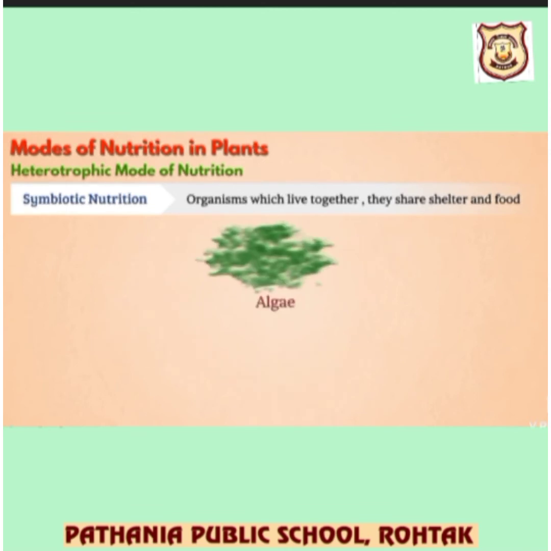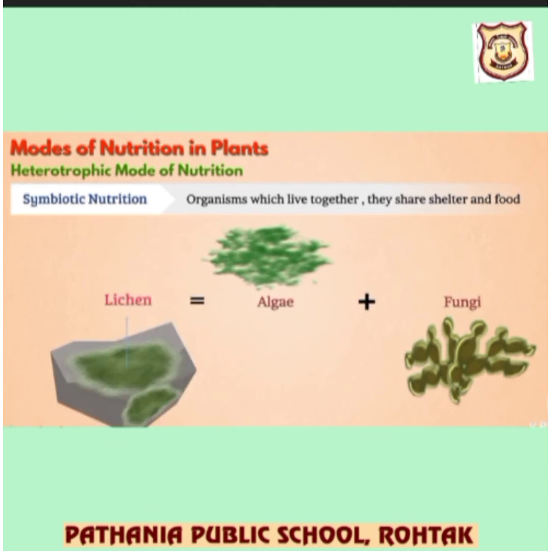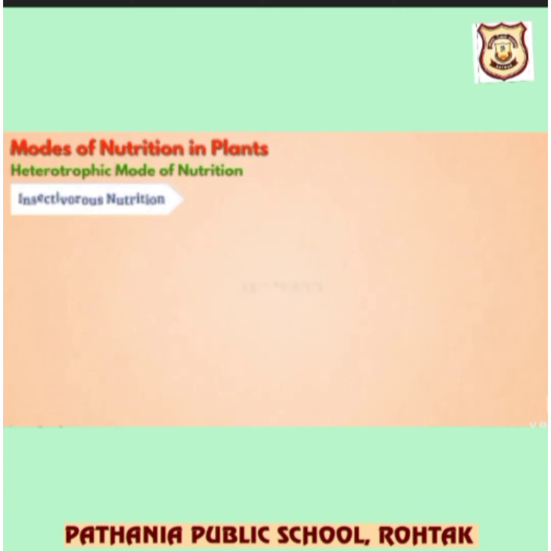Now one more example I like to take is algae and fungi, and they are lichens. Lichens survive on the rocks and even on the plants. They get the nutrition from it, as they share the shelter, water and other nutrients, and in comparison, the algae offer food prepared by the process of photosynthesis.